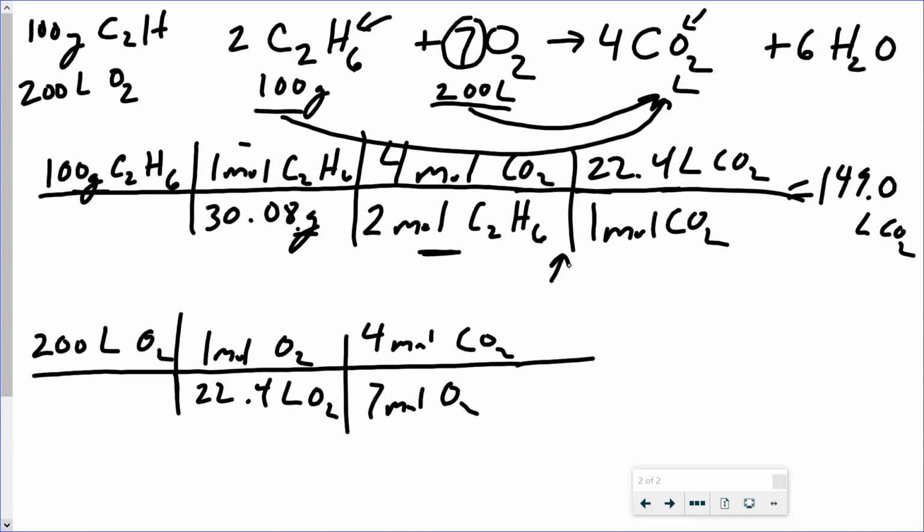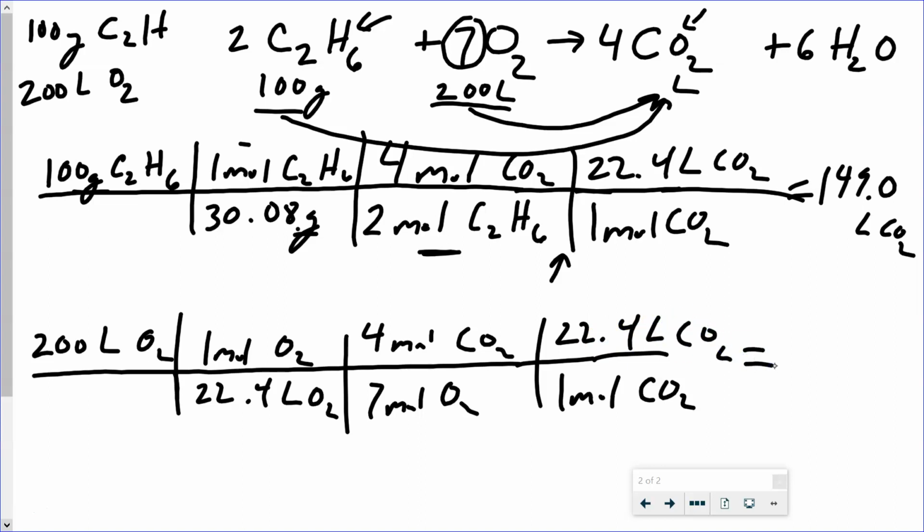But again, I'm going to take this all the way to liters at STP, just like we did in the problem above. So 1 mole of CO2 will have a volume of 22.4 liters at STP. Now when we calculate that out, you'll notice that the volume produced from the 200 liters of oxygen gas is around 114.3 liters.